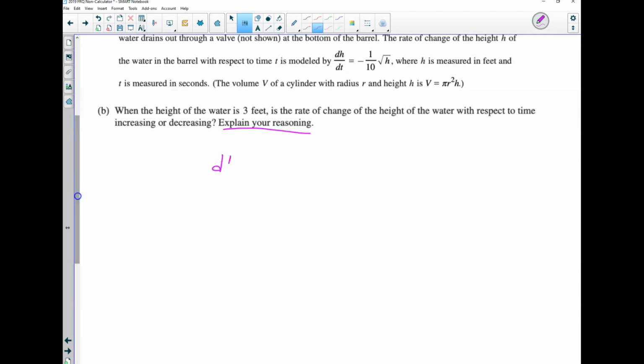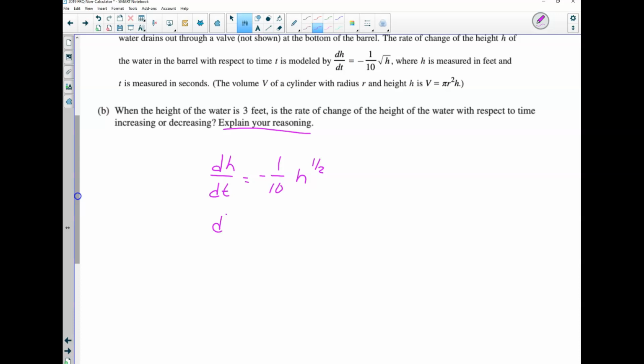So we got to come back here. Here's our dh/dt. It's negative 1/10 h to the 1/2 power. We need to find the derivative of this thing, because we're finding, is the rate of change increasing or decreasing? So now we got to take the second derivative.